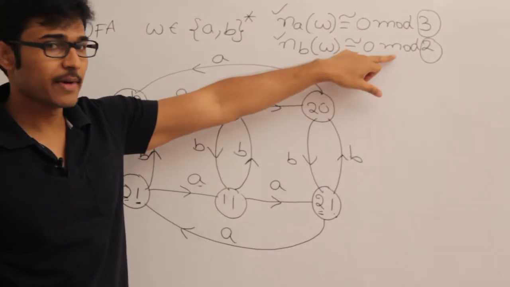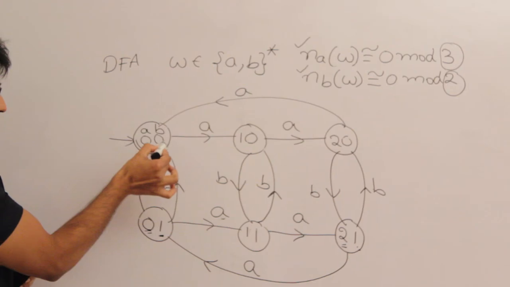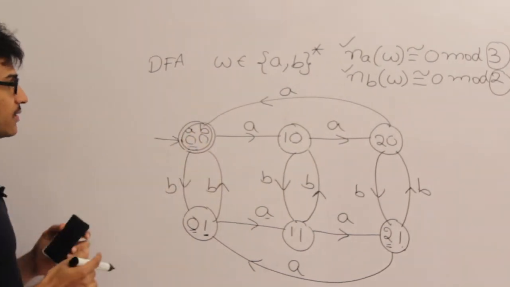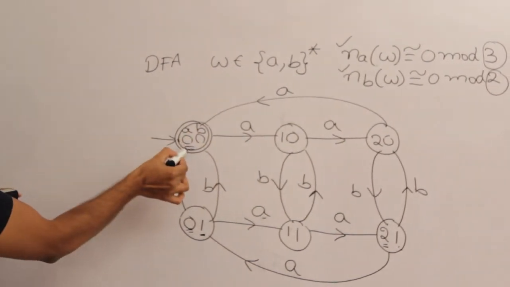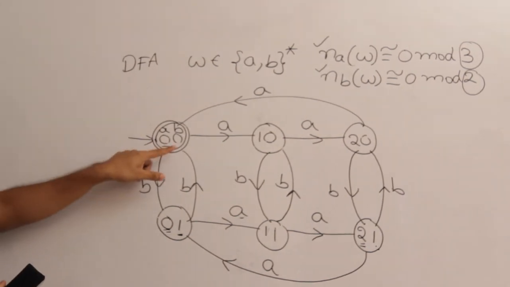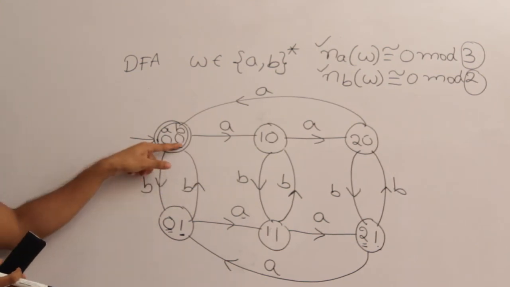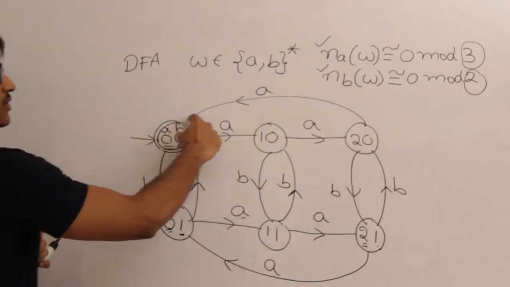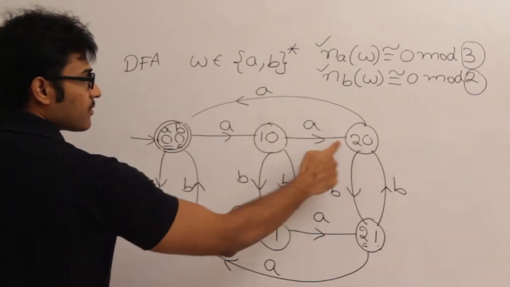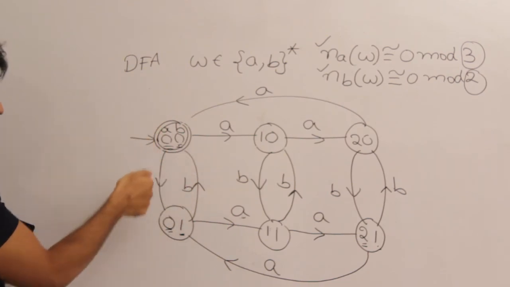Now if the question is number of A's has to be divisible by 3 and number of B's have to be divisible by 2, then this one is the final state. See, this first number is going to indicate number of A's when I divide it with 3, and second number is going to indicate number of B's when I divide it with 2. Why? Because A's are being counted here like mod 3 counter, and B's are being counted here like mod 2 counter.